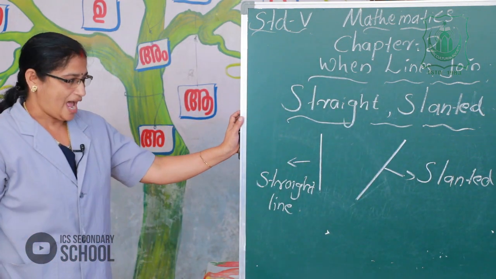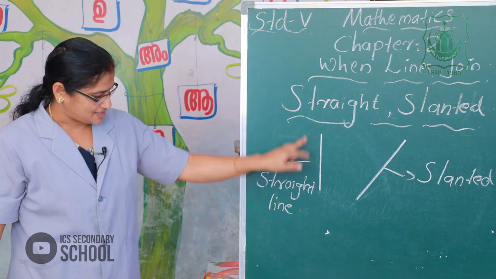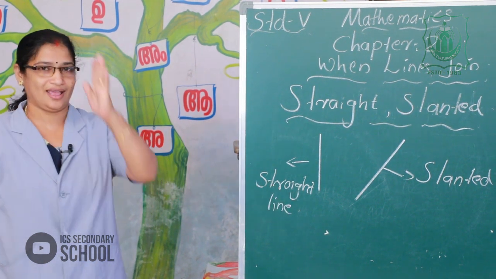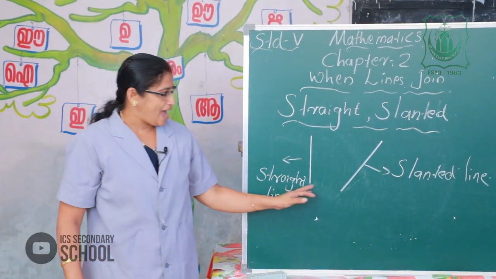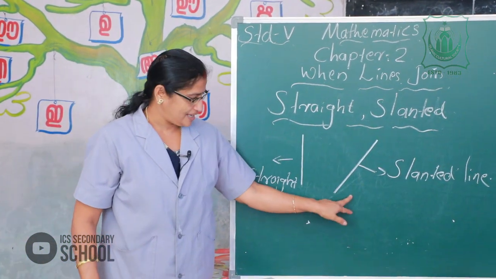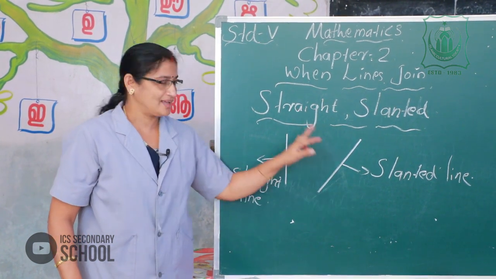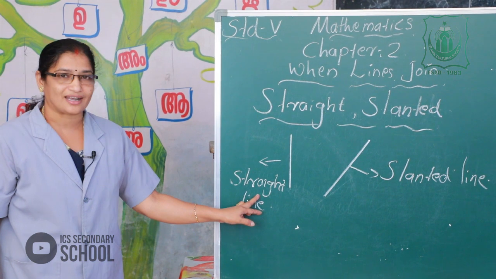The straight line or upright line, and the slanted line. This line is a slanted line. This line is a straight line.